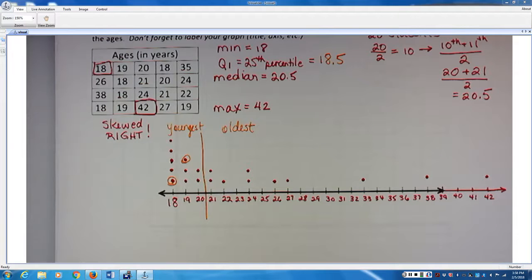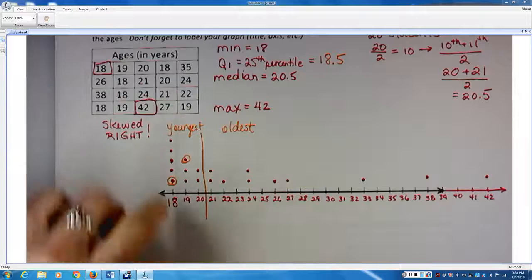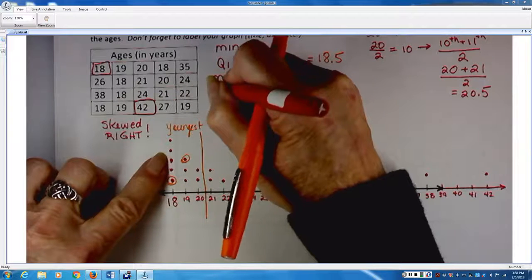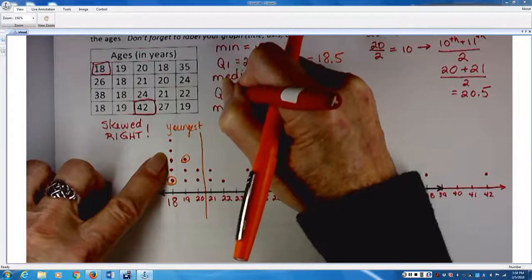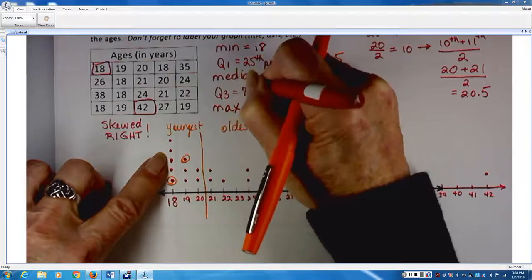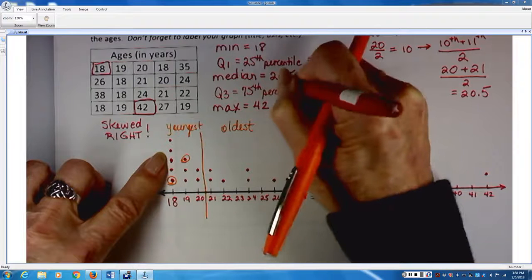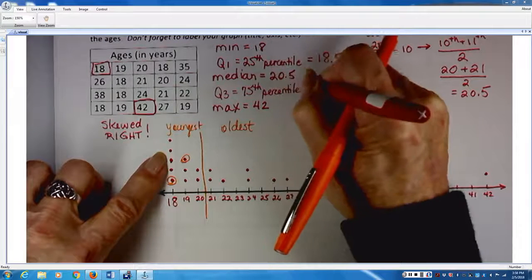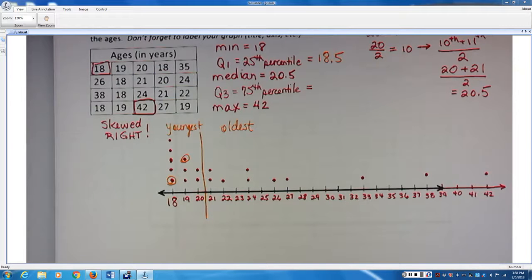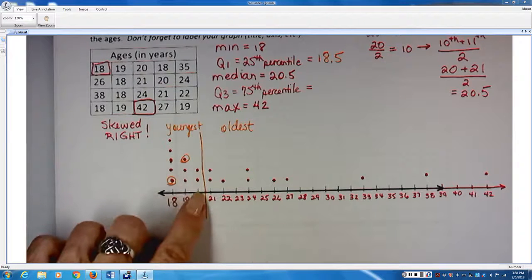And then the middle of my upper half, or what's called my third quartile, which is the same as the 75th percentile, is going to be the middle of those 10 older students. And again, that's going to be between the 5th and the 6th.